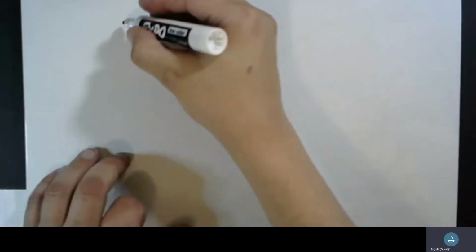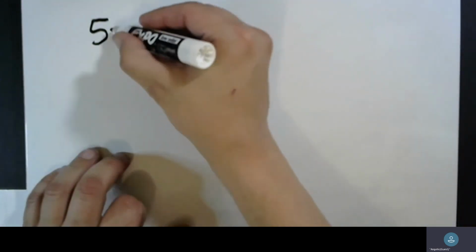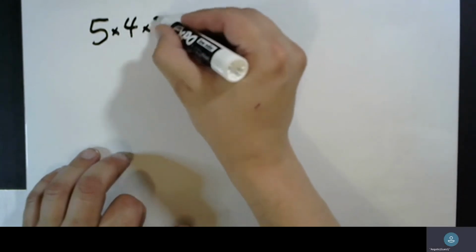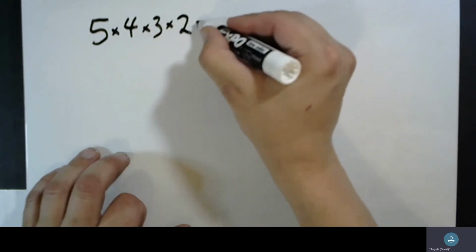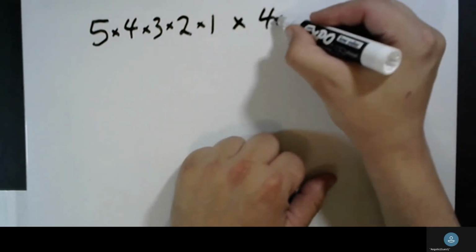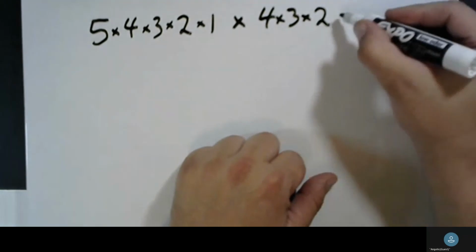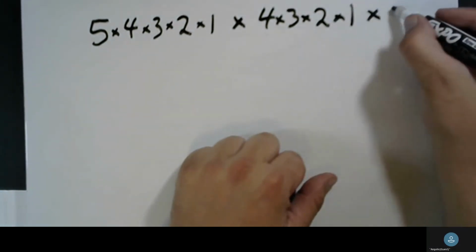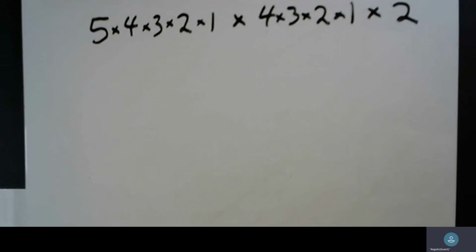I'm just double checking really quick. So you do 5 times 4 times 3 times 2 times 1, times 4 times 3 times 2 times 1, times 2. Beautiful. I was just making sure that it wasn't a division problem. No problem.